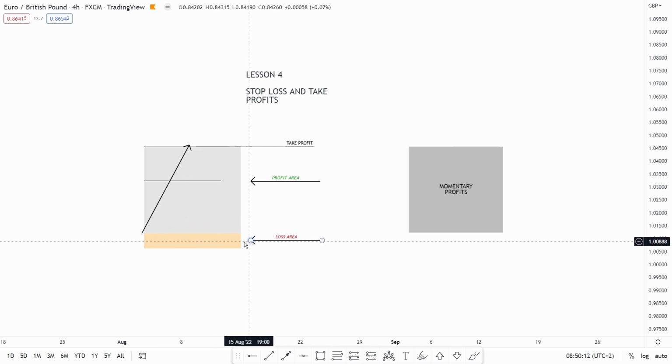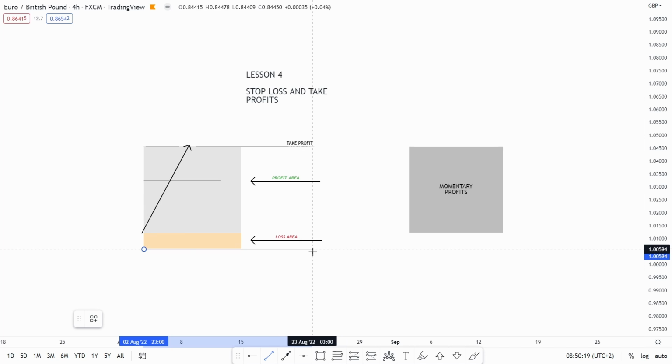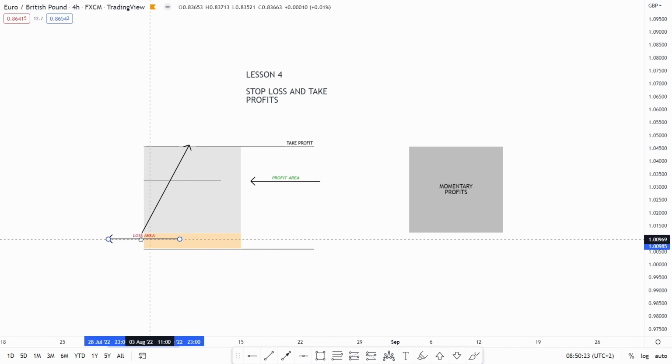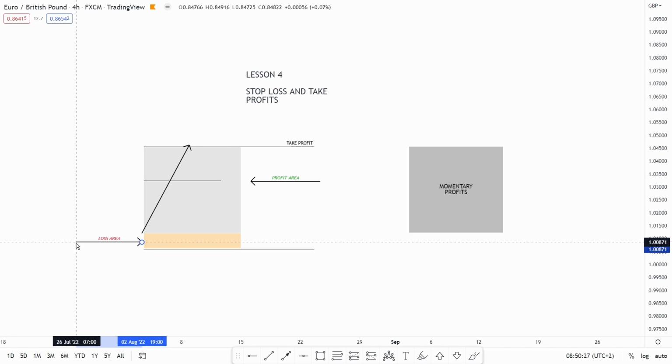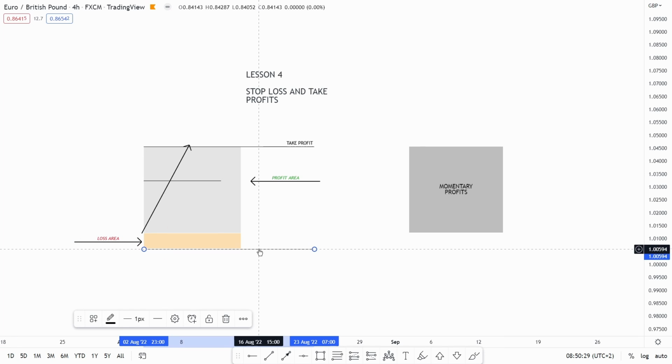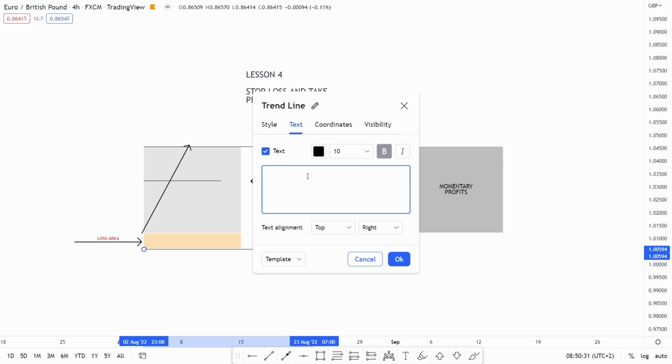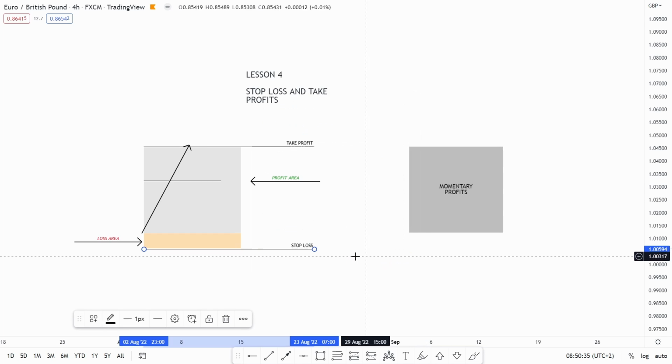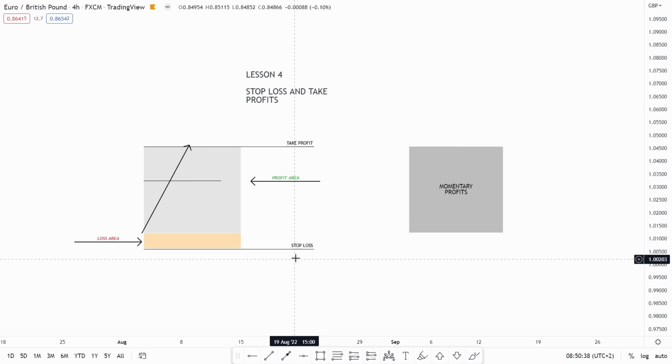Of course, in the loss area as well, we put a stop loss level. So I can type stop loss. This one is the stop loss level we set.